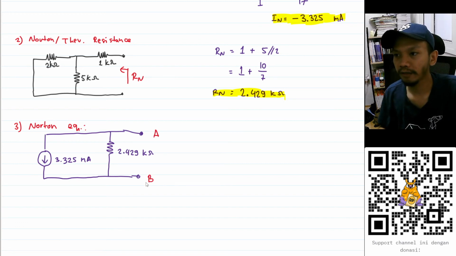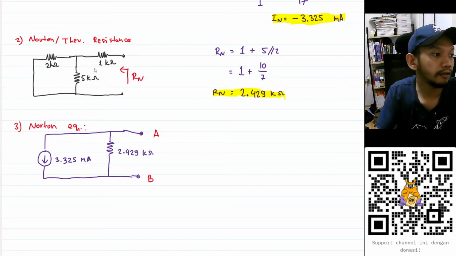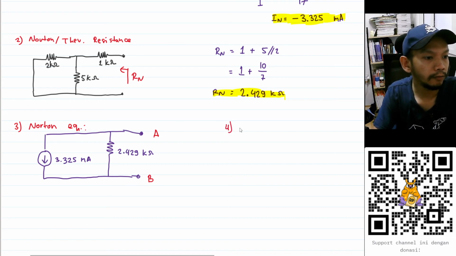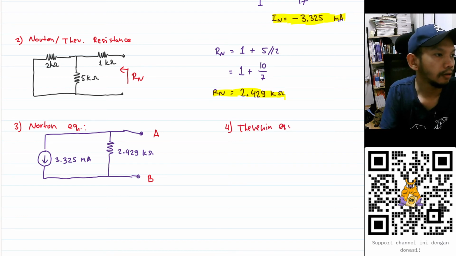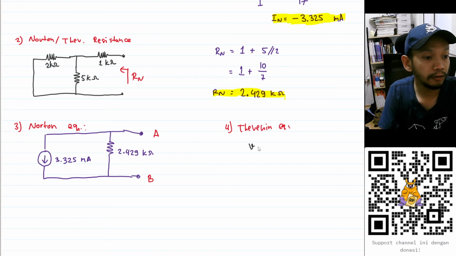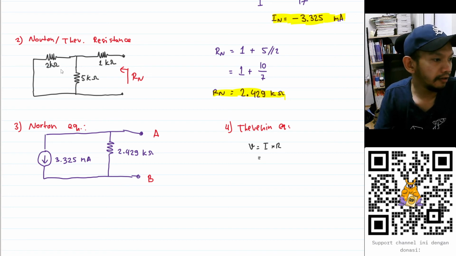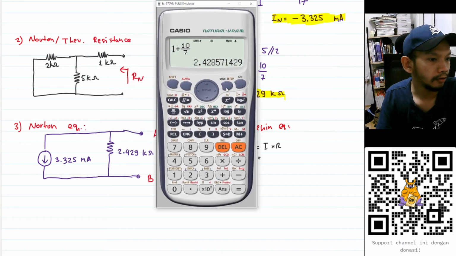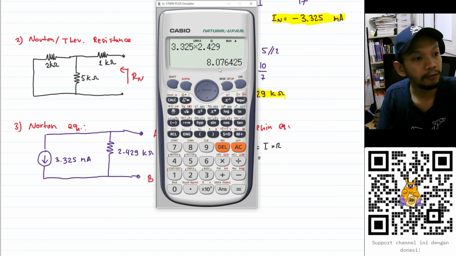But if we find the Norton equivalent circuit, we can also find the Thevenin equivalent. So I'll have number 4, Thevenin equivalent. I will have V equal to I multiplied by R. So our I here will be 3.235. Okay, let's use the calculator. 3.235 multiplied by 2.429, and I will get 8.077.